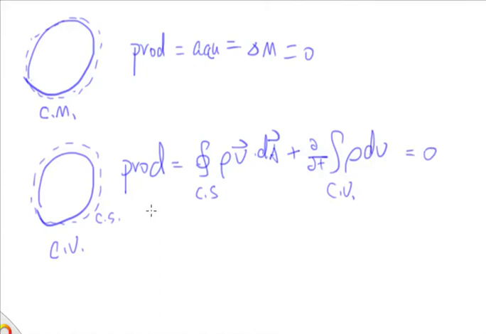For a system with specified inflow or outflow, we can have a simple form, which is m dot out, the outflow mass flux, minus m dot in, plus dm/dt, where m is the mass within the control volume, equals 0. So these are the two forms of the equation of conservation of mass. Next we'll talk about conservation of momentum.